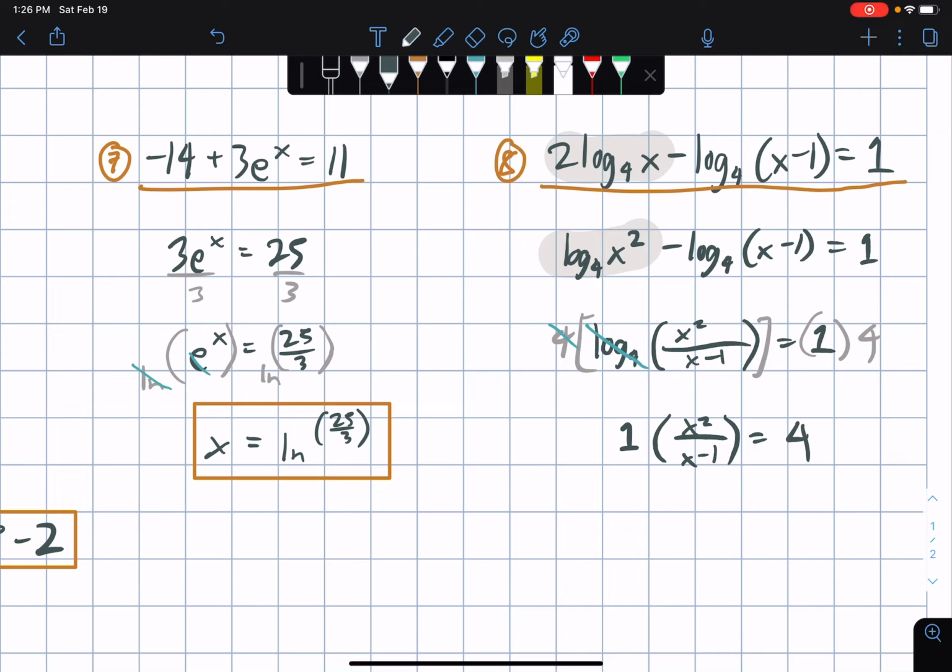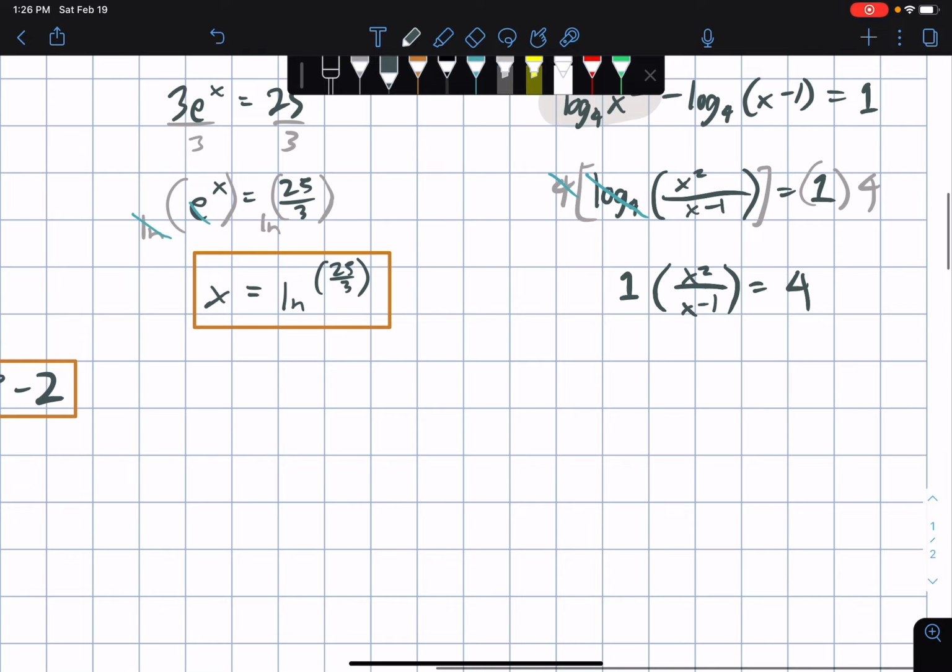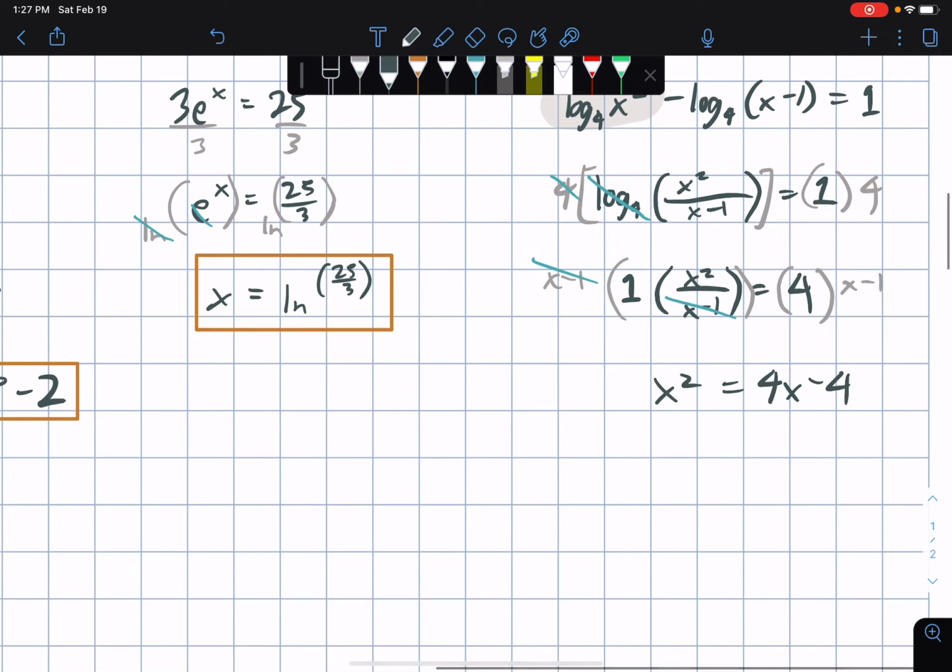So eliminate these two, and this will become 1 times x raised to 2 over x minus 1 is equivalent to 4. Multiply both sides with the denominator at the left side, so x minus 1. Cancel the denominator and the external expression. We get x raised to 2. X raised to 2 times 1 is still x raised to 2, so we don't have to write this anymore. For distributive property, 4x minus 4. Then, x raised to 2 minus 4x plus 4 is equivalent to 0.